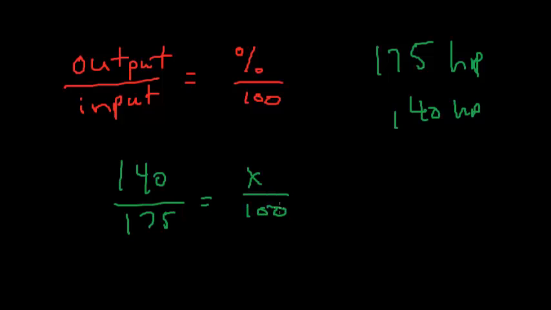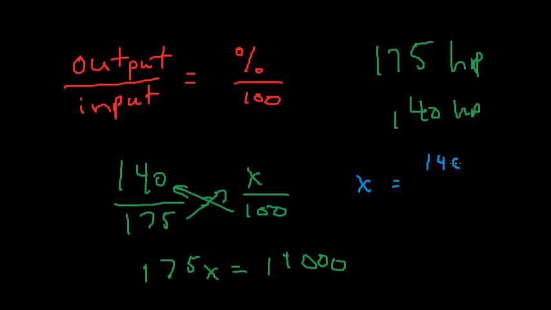I need to calculate that percentage. Cross multiply. 175x equals 14,000. So x equals 14,000 over 175. So x is equal to 80%. So that has an 80% efficiency.